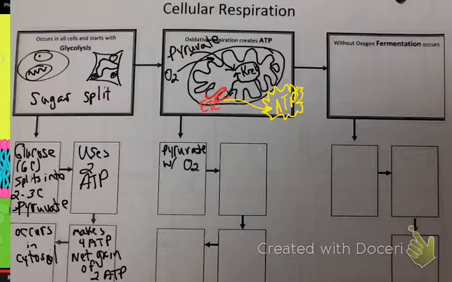With O2. Goes through Krebs cycle. So pyruvate goes with O2, goes through the Krebs cycle.